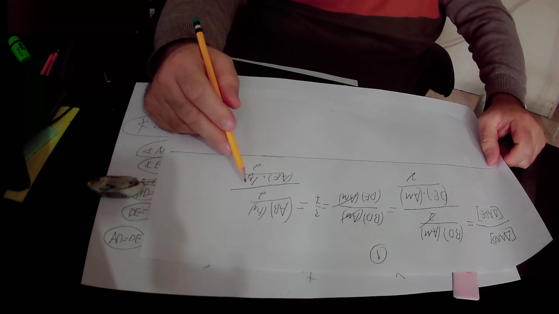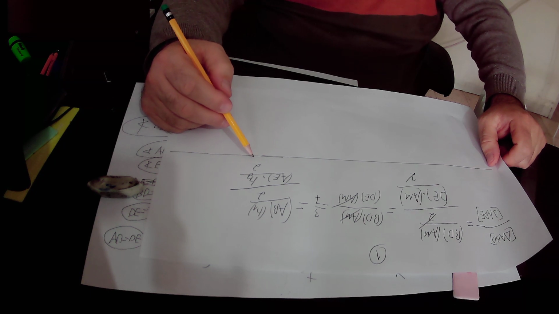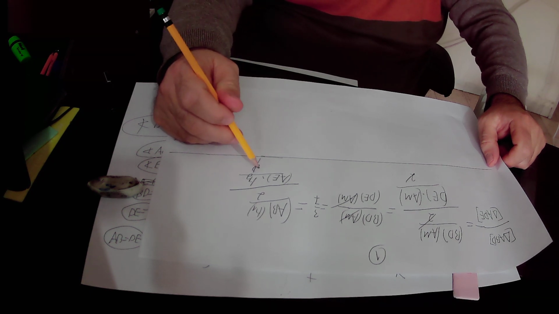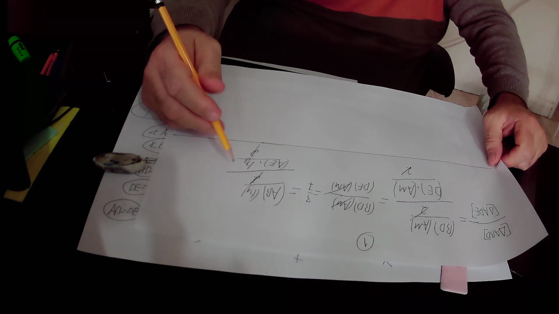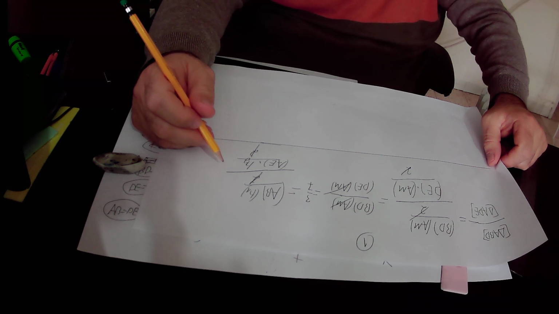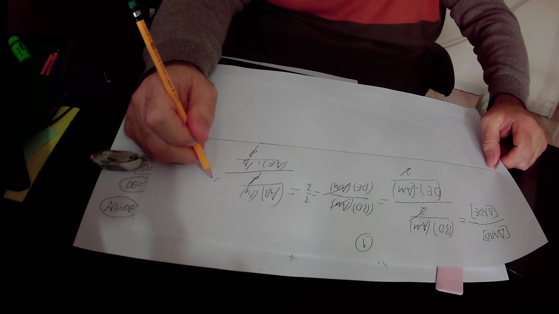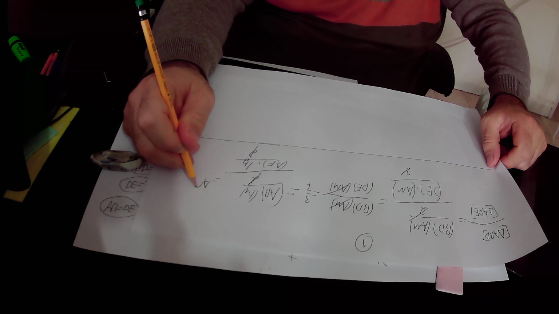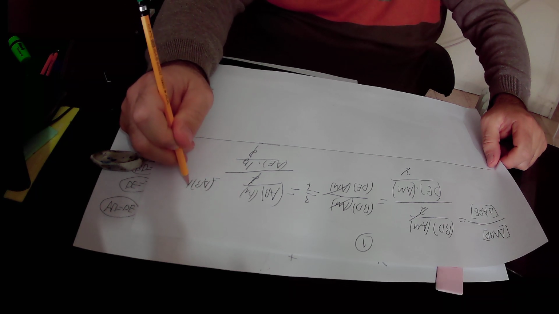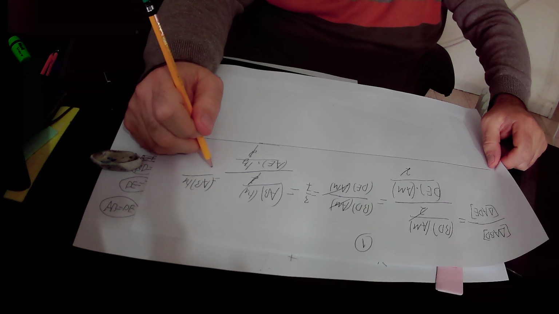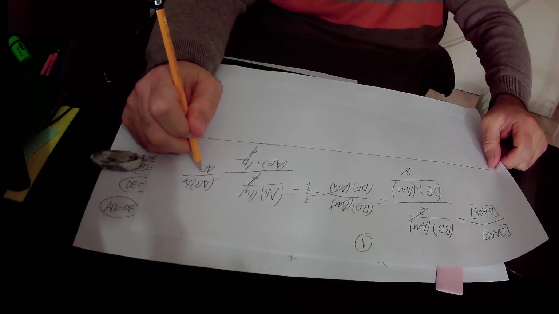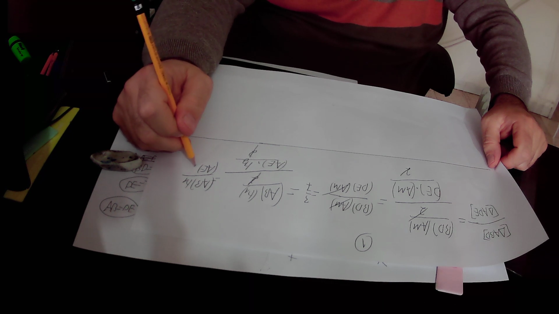So here we have 2 in the numerator and 2 in the denominator, so 2 will get cancelled, and we'll get that it equals AB over AE times H2.